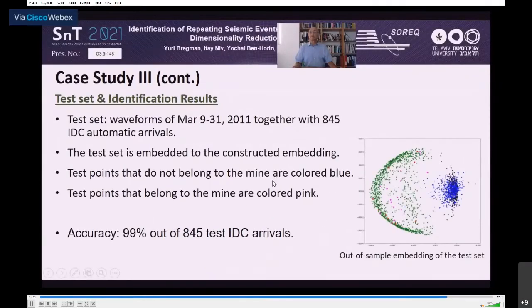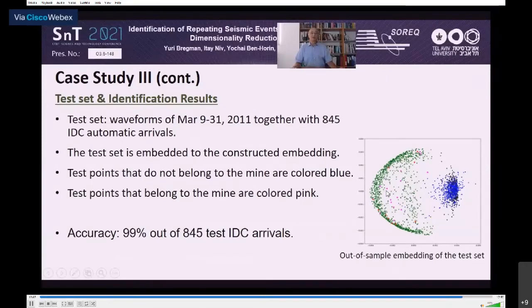The test case included, as was mentioned, about 3 weeks of data together with 845 automatic arrivals. In this plot, the test set is embedded in the first diffusion coordinates.